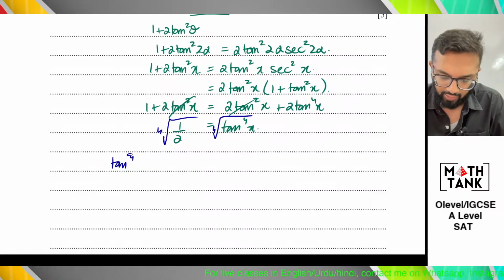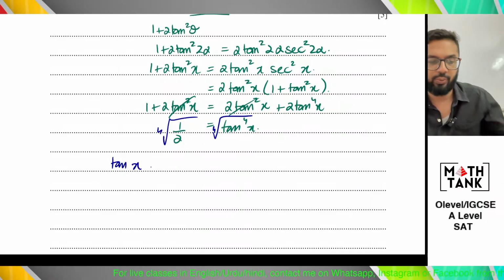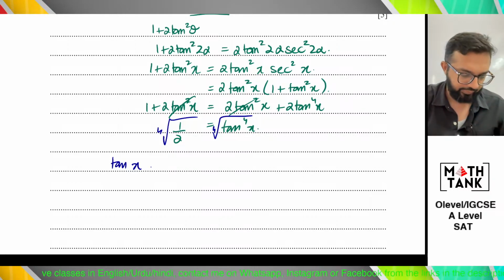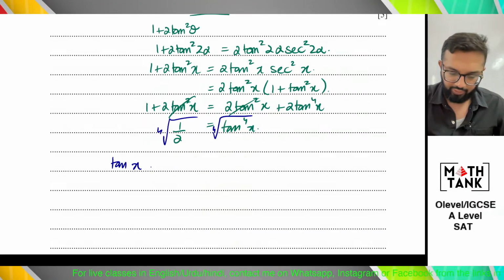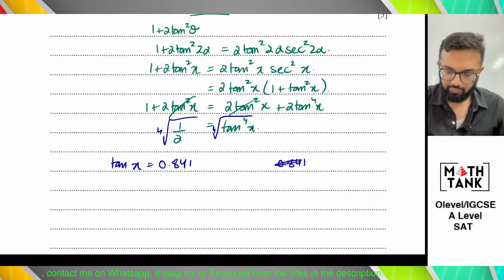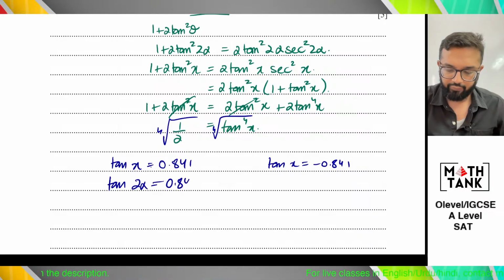The fourth root of half will give me tan x equals, it's going to give me two possibilities. 0.841, so 0.841 here and minus 0.841 here. Now I know that this wasn't x, this was basically 2 alpha. So 0.841.